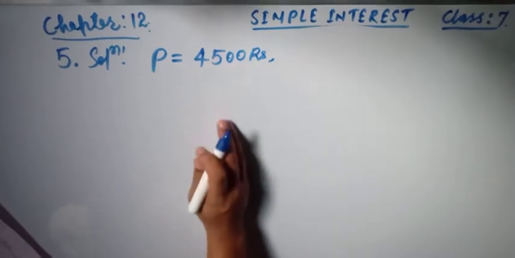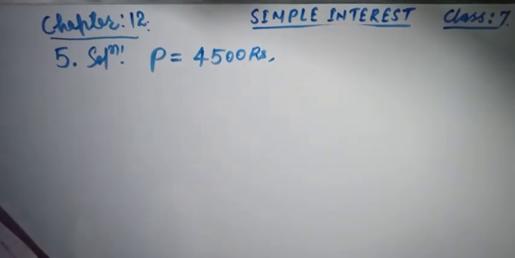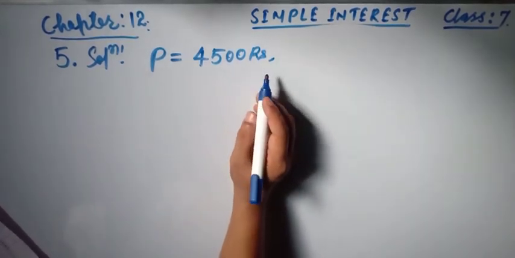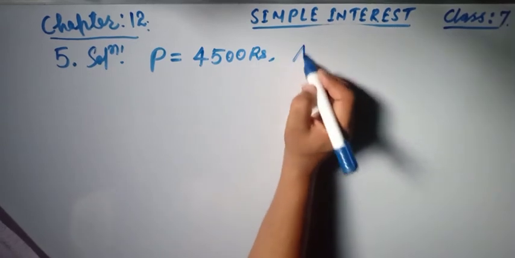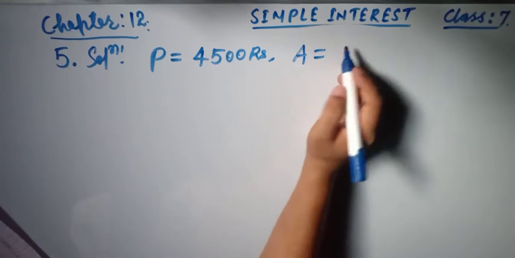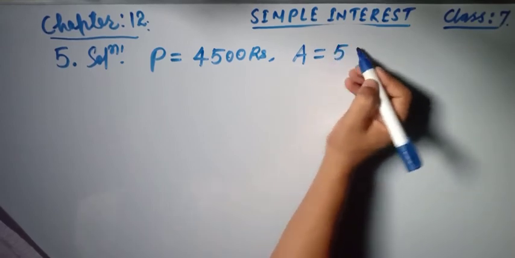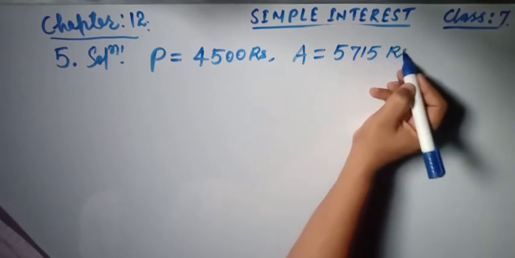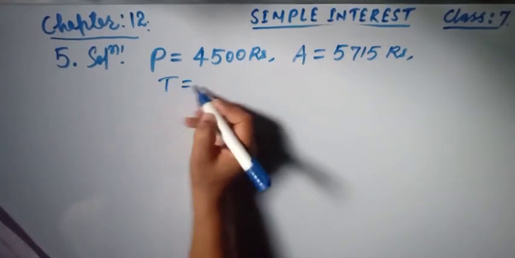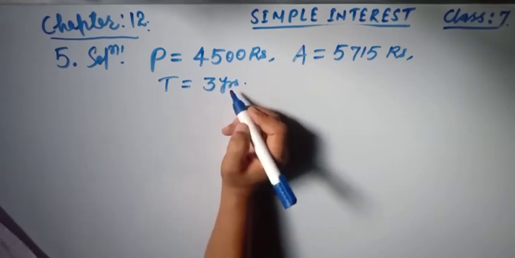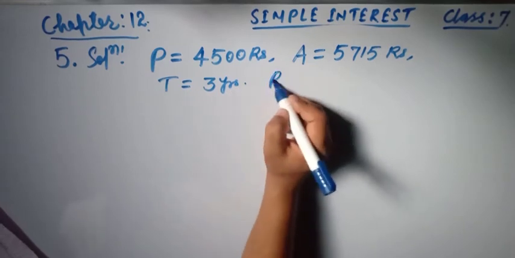At what rate percent per annum will this rupees increase to, after increasing, means there is some extra rupees added to this, that means this is the amount, so this amount is 5715. Now the time is given, T is equal to 3 years. Now we have to find the percent, so that means we have to find the rate.